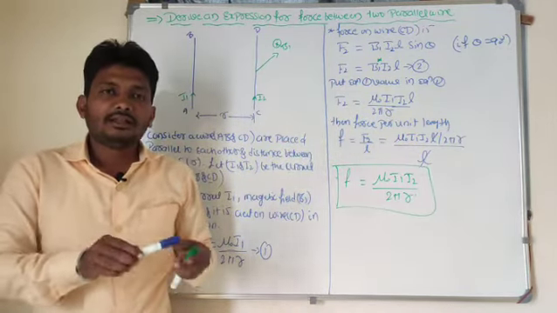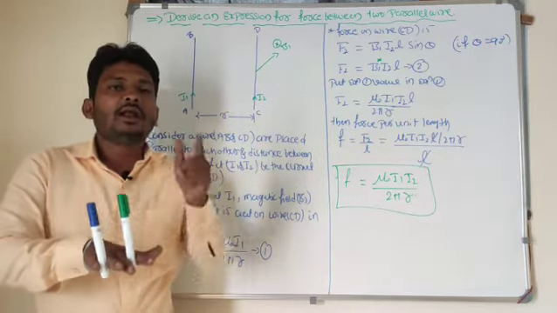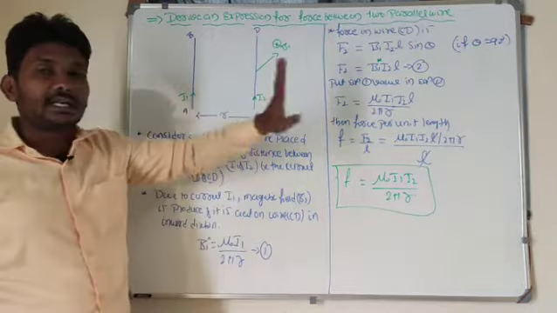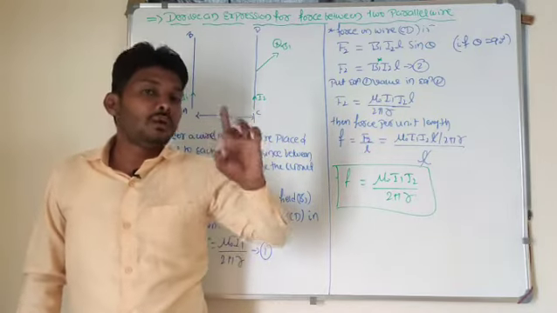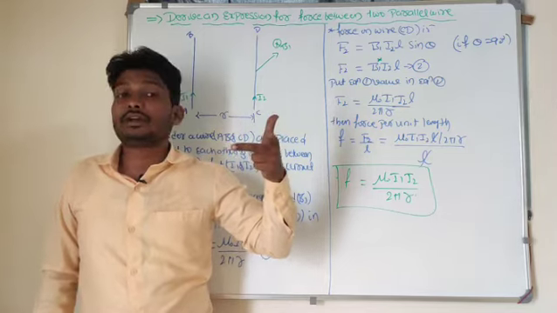Look here. This is wire AB I took and this is wire CD. Now I will apply Fleming's left hand rule to this wire CD. What is Fleming's left hand rule? First stretch the first three fingers of the left hand.